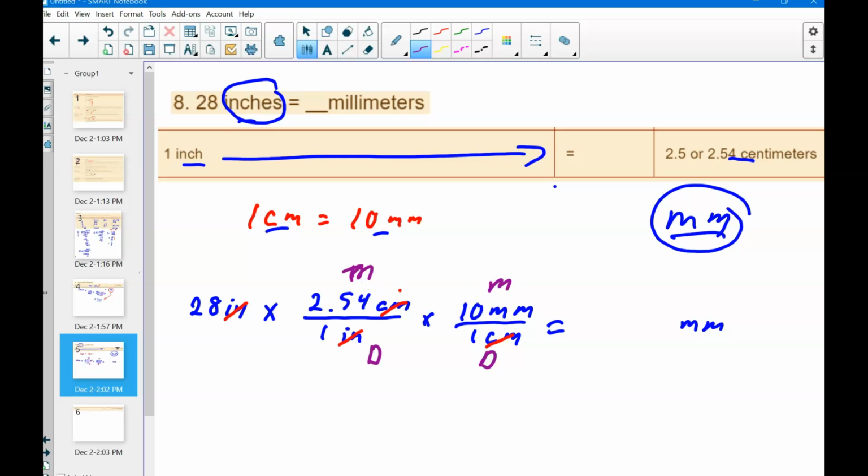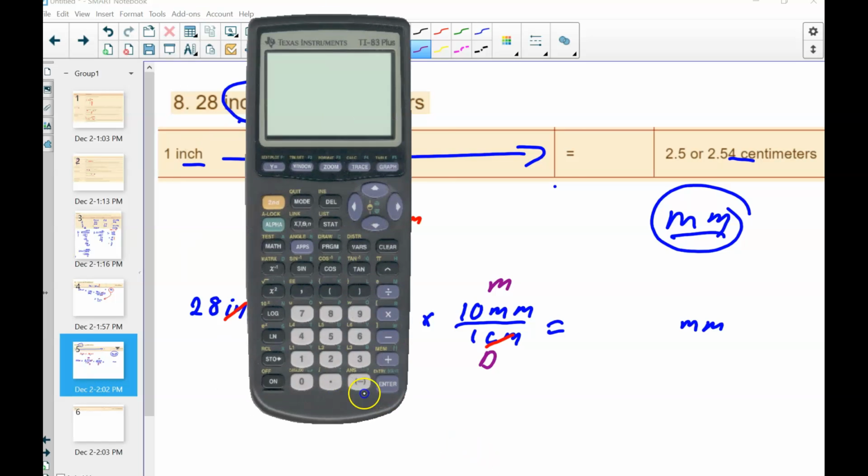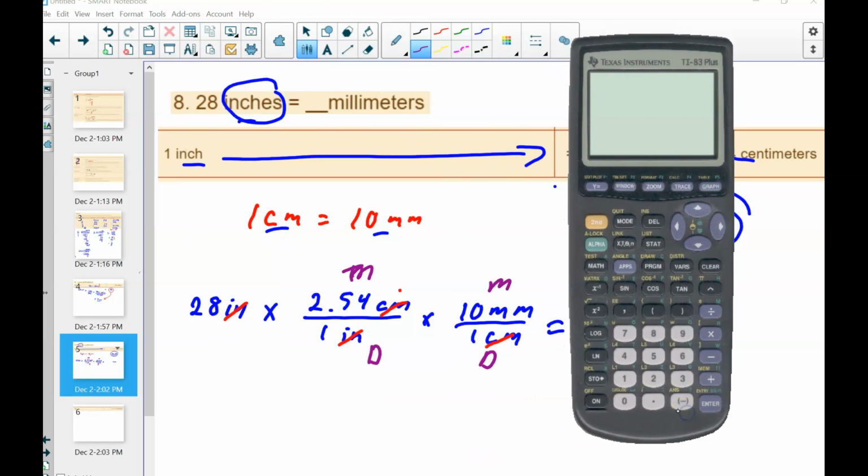So I'm solving this question right here. Very easy to do. All the big numbers, the ones are on the bottom, so there's no division at all. All I got to do is get 28 multiplied by 2.54 times 10. 711.2.